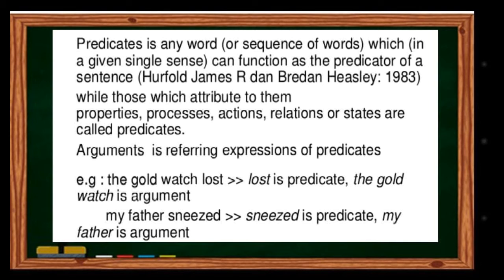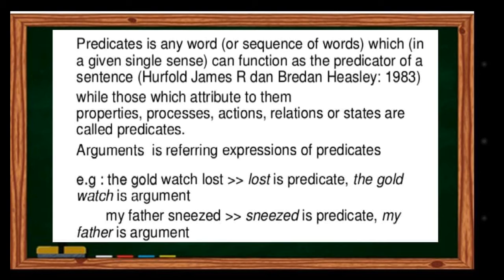When we are talking about predicates, it is any word or sequence of words which in a given single sense can function as the predicator of a sentence, while those which attribute to them properties, processes, actions, relations, or states are called predicates.